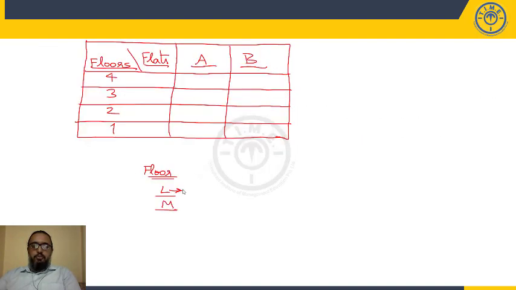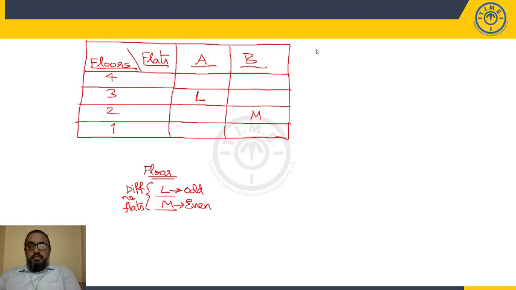Okay, so L has to be odd floor. That means M will be even floor. Correct? And L and M are different number flats. So from this information, if you have L in flat A 3rd floor, then you will have M in flat B 2nd floor. Correct?